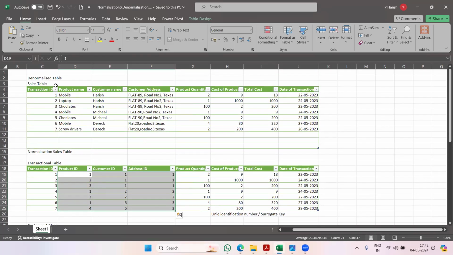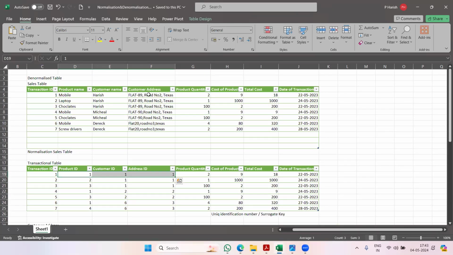Now, if you compare the denormalized table and the normalized table, here suppose I may need around, say this would be 6 characters, 6, 12, something around 40 to 50 characters. But I'm going to save this same information in 4 characters or not more than 6 characters or numbers.